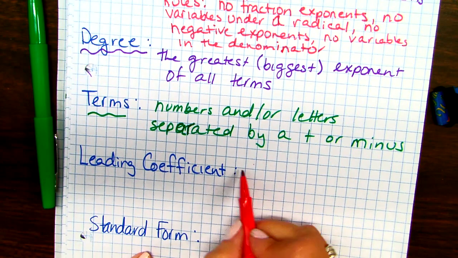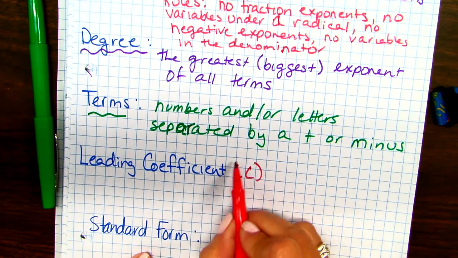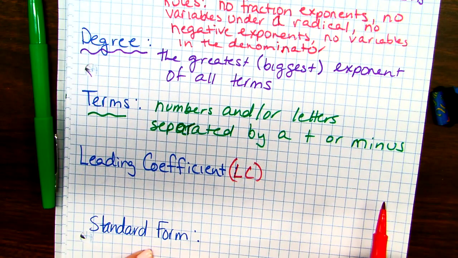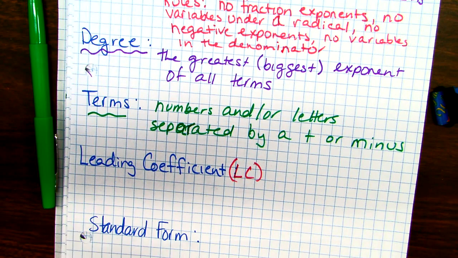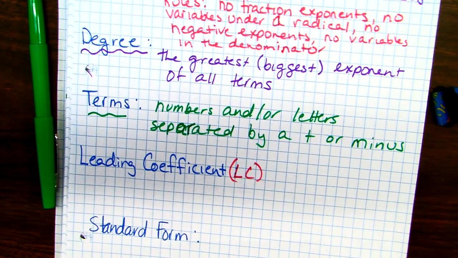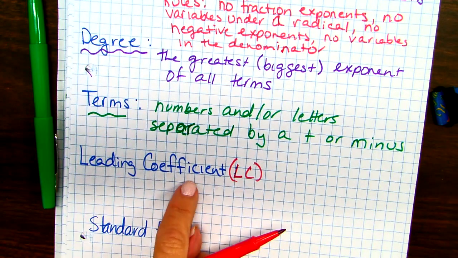Leading coefficient, more with my laziness, I start just using LC, leading coefficient. Leading, it's like the line leader. Remember in elementary school, there was a line leader, and did you guys do the caboose thing? Like the line leader and the person at the back. The leader, the first number, okay, and it's a number that stands in front of a letter. It's always a number, okay?